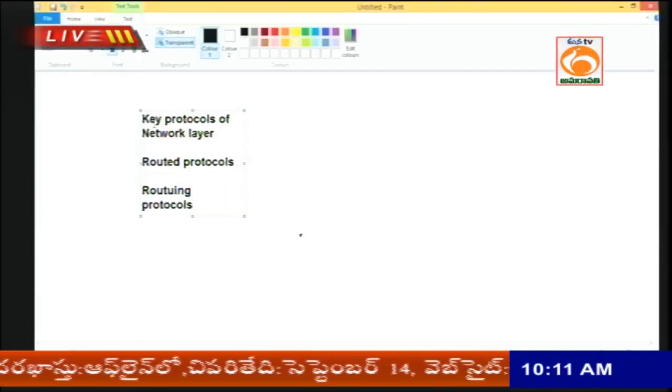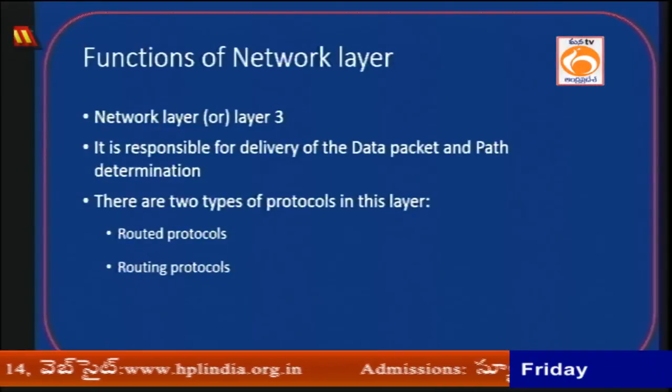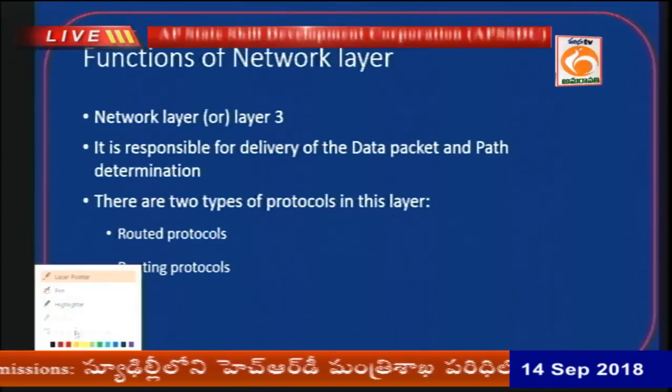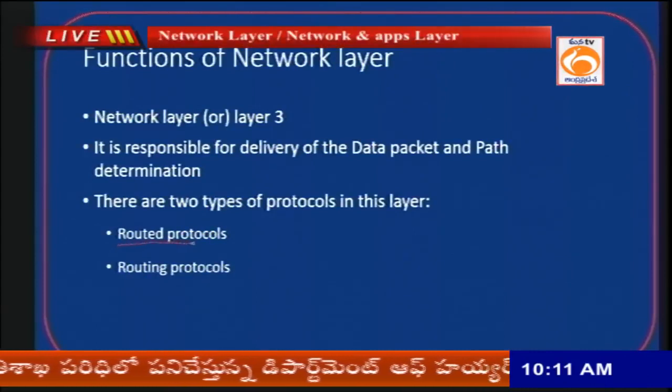These are the ones which we will be using in the network layer, and they help us to communicate from one network to another network and allow the data to go from one PC to another PC.